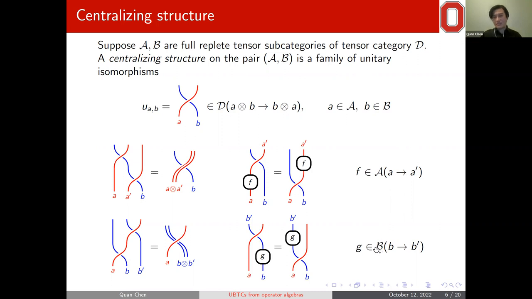And here you can replace it by D. And then you can see, once we take the intersection of categories A and B, which means you take the full replete subcategory with the objects both in A and B, this category will be a braided tensor category, which is also a tensor subcategory of D. All right, and this is what we proposed.